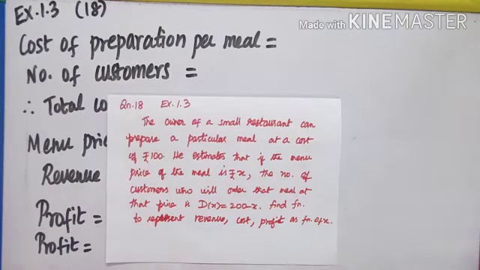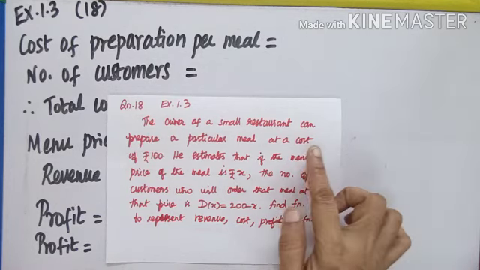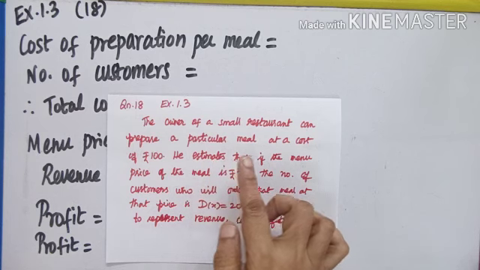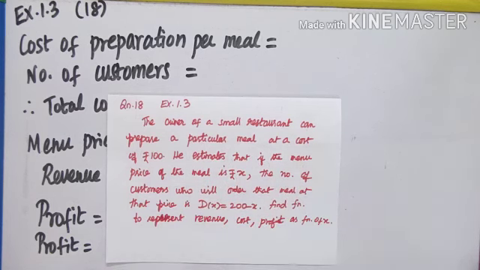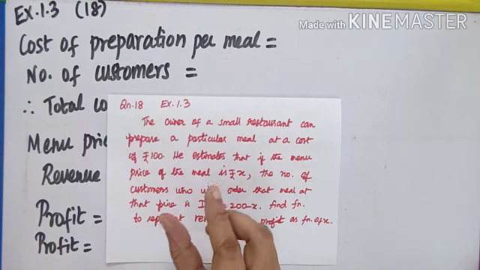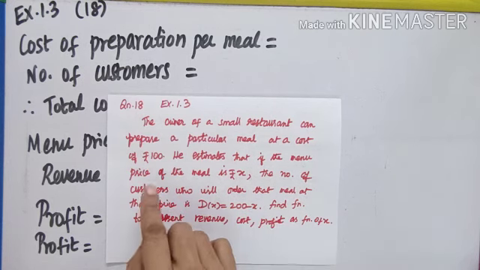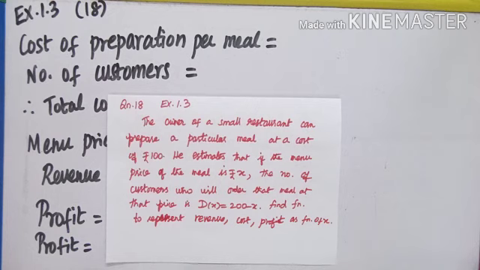Exercise 1.3, question number 18. The owner of a small restaurant can prepare a particular meal at a cost of rupees 100. So he is preparing a meal. So cost of production we can say that is rupees 100.